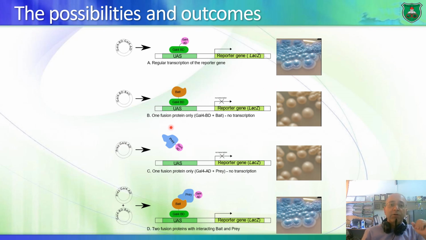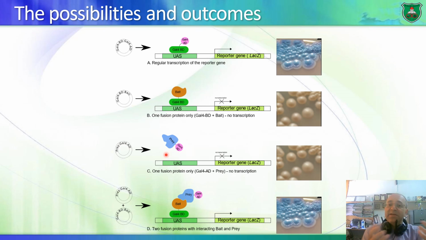Now we have another control. Here we have yeast cells that express only the DNA binding domain. As a result, there would be no transcription, of course. We have another sample, yeast cells producing only the activation domain, the Y with the activation domain, whatever this Y is.